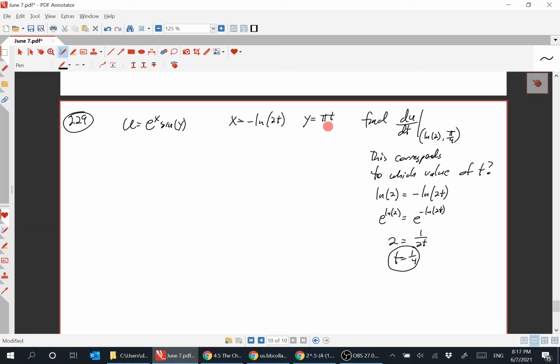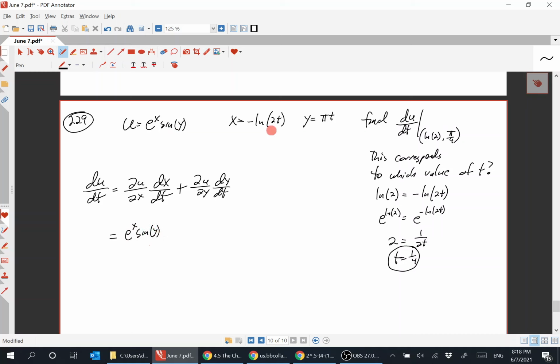Right, same thing here. T is 1/4, and pi t is pi over 4. So find du dt at t equal to 1/4, or find du dt at natural log of 2, comma pi over 4. All right, so du dt is partial u partial x times dx dt plus partial u partial y times dy dt. So partial u partial x is just the same function, e to the x sine y.